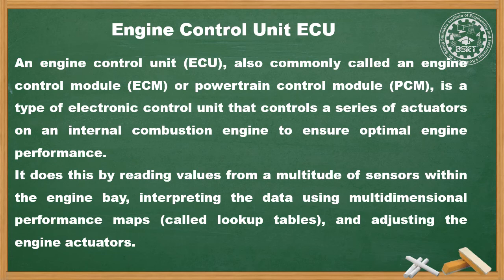This unit is located close to the engine area, or it can be found under the vehicle's dashboard, right behind the glove compartment. The ECU of a vehicle is a main component of the engine system that enables the use of all other devices.